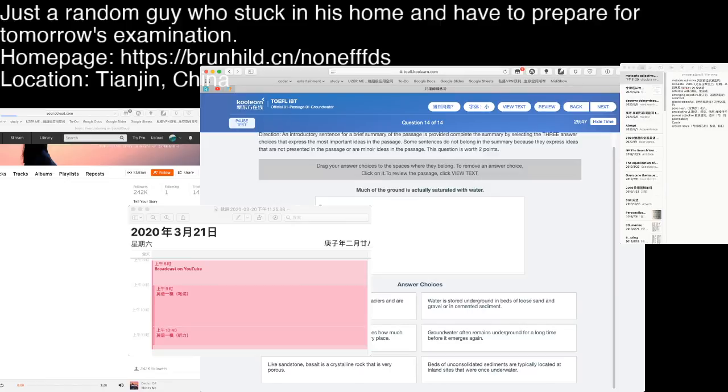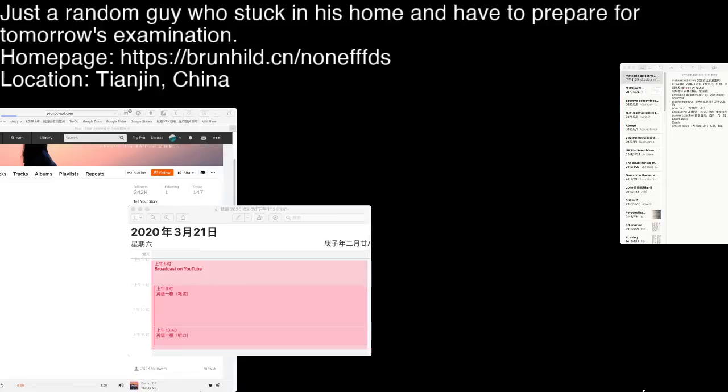This, the A, B, C, D, E, the E or the C, I don't know. It's probably this way. The E is absolutely wrong. It's not like sandstone. The sandstone is a crystalline rock, but it's not porous, so this is incorrect. Beds of unconsolidated sediments are typically located at inland sites that were water. I don't know. Groundwater often remains underground for a long time before it emerges again. I don't know.